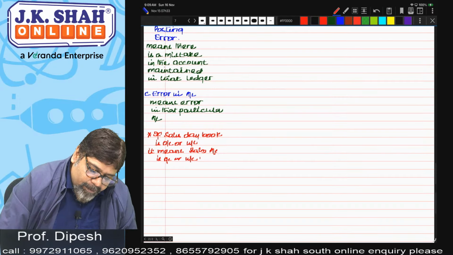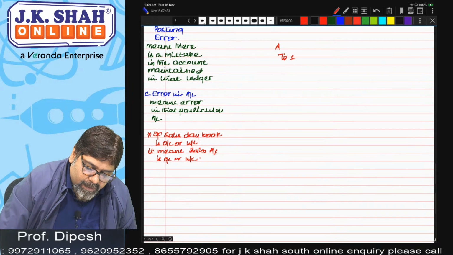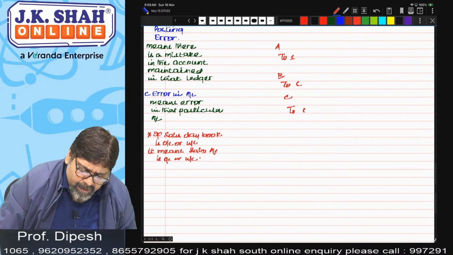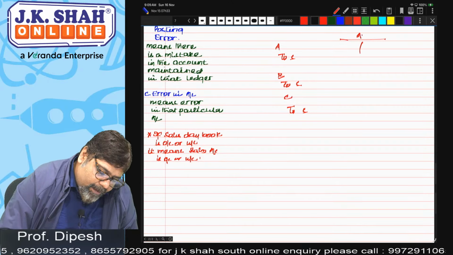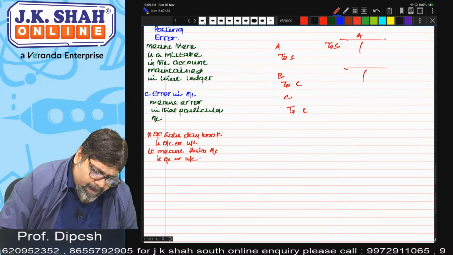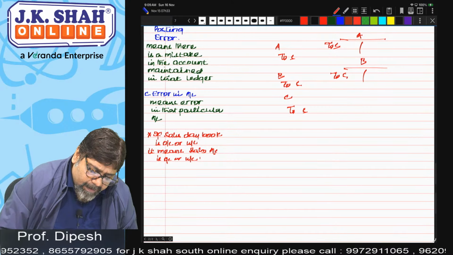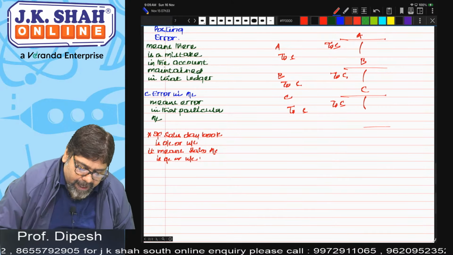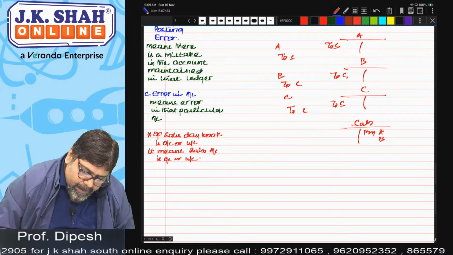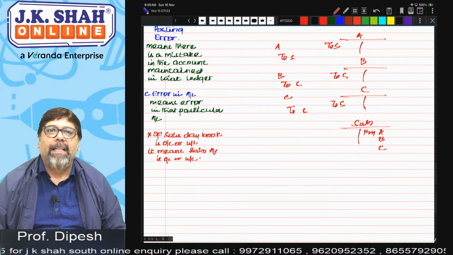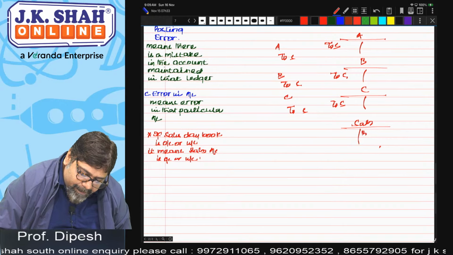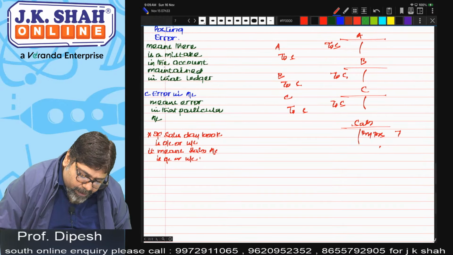Suppose you pass the entry A to sales, B to sales, C to sales, then you will write A to sales, B to sales, C to sales, correct? And sales by A, by B, by C, correct? No, Bapu, no. In the sales day book, we write by debtors and we write the total.